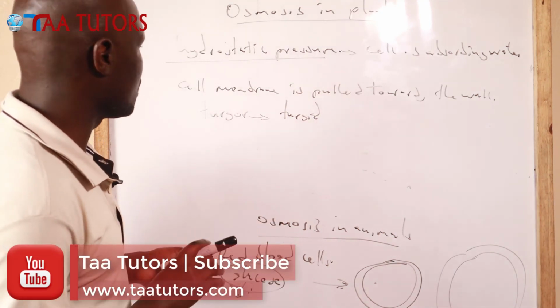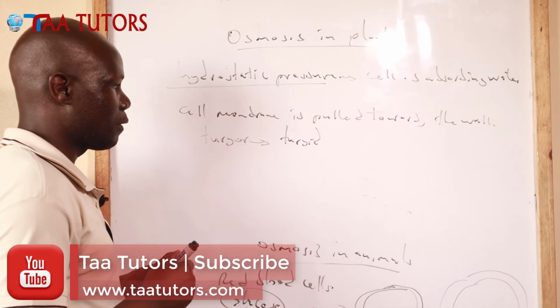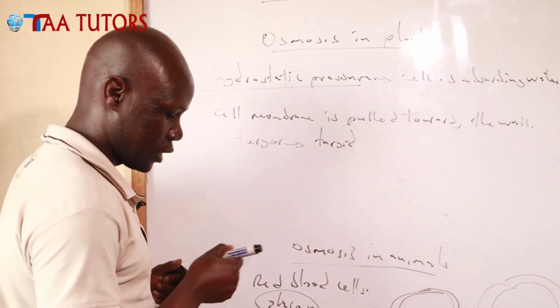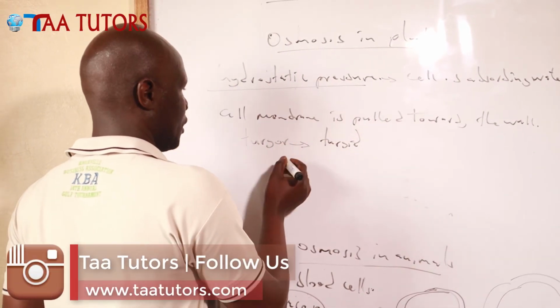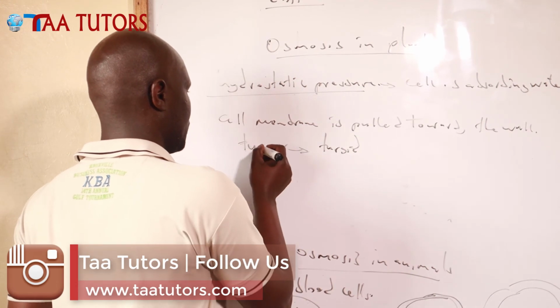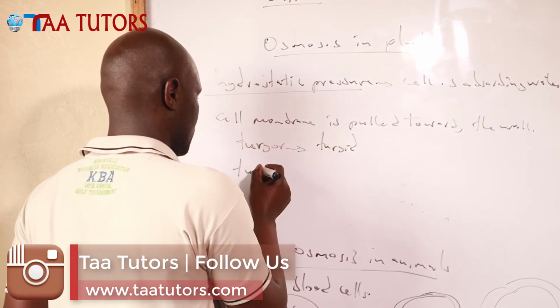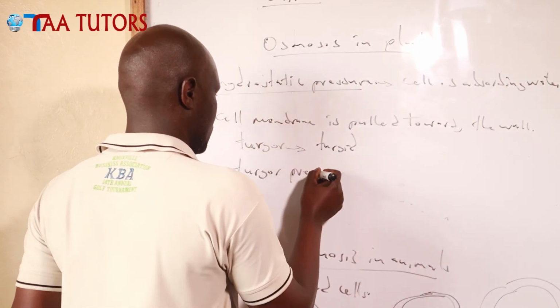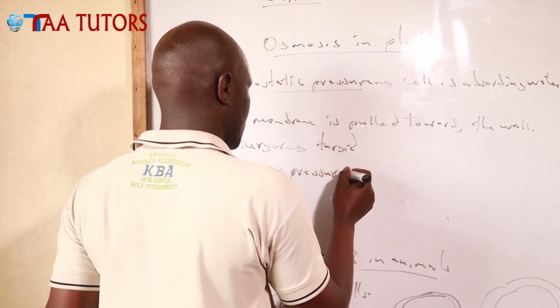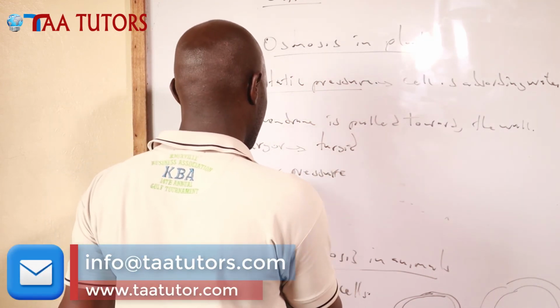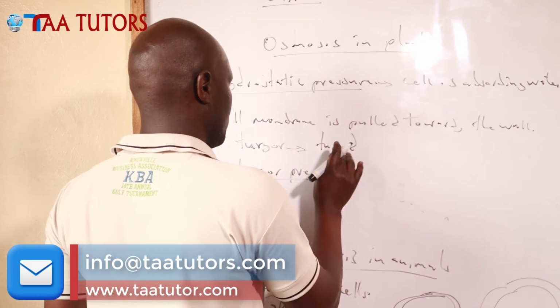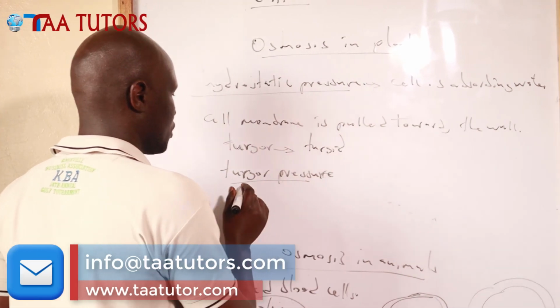So when it is resisting this particular pressure, it is developing what we are calling turgor pressure that resists the hydrostatic pressure, which enables the cell to have the definite shape that it needs to function.